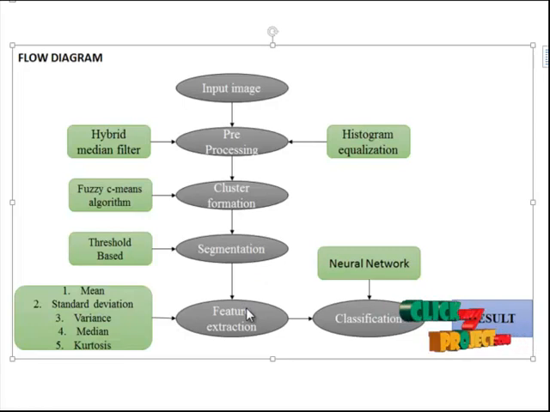Next, in the feature extraction method, statistical features are used. That is, we calculated the mean, standard deviation, variance and also median for our segmented region. Next, in the classification, a neural network classifier is used. Generalization refers to the neural network producing reasonable outputs for inputs not encountered during training.